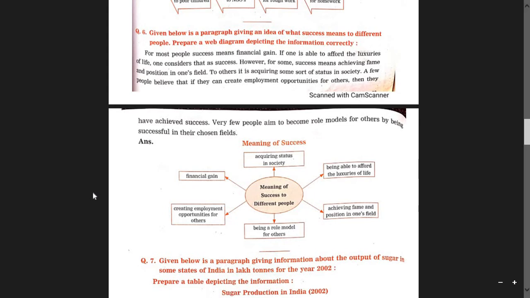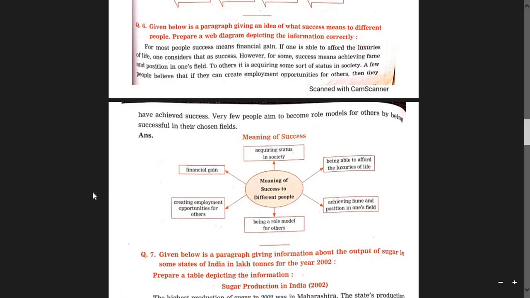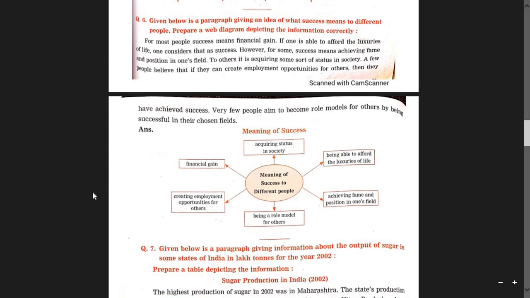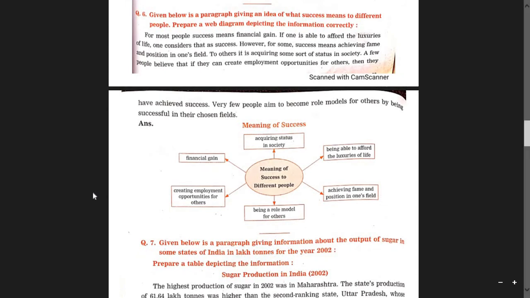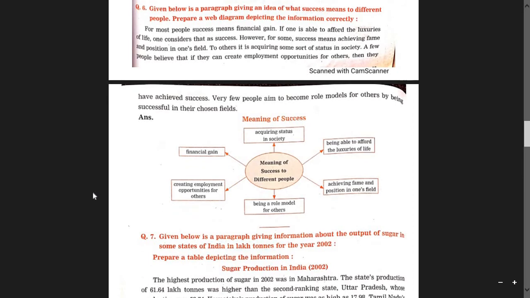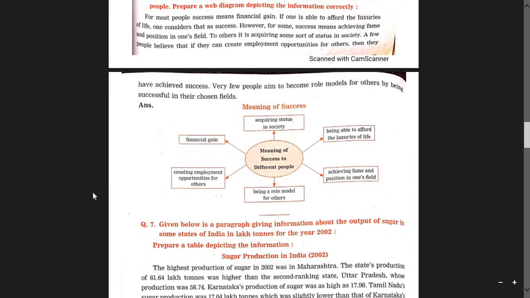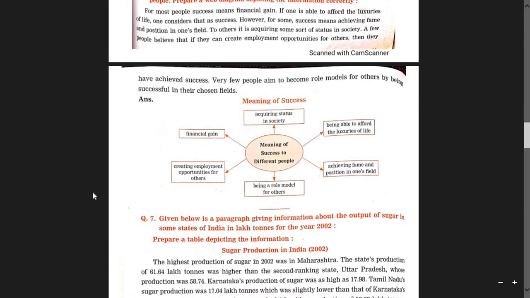However, for some, success means achieving fame and position in one's field. To others, it is acquiring some sort of status in society. A few people believe that if we can create employment opportunities for others, then they have achieved success. Very few people aim to become role models for others by being successful in their chosen field.